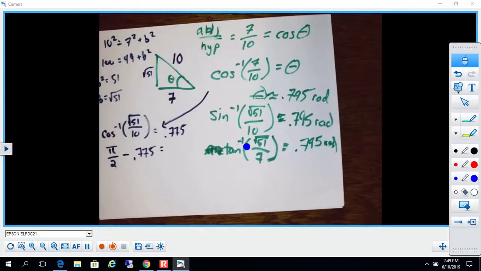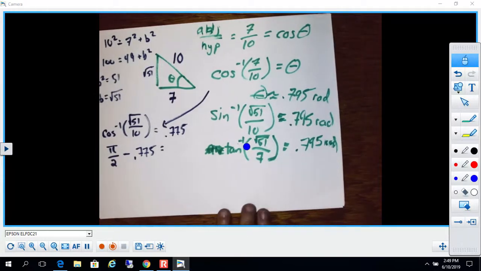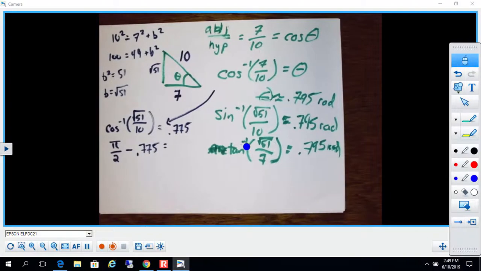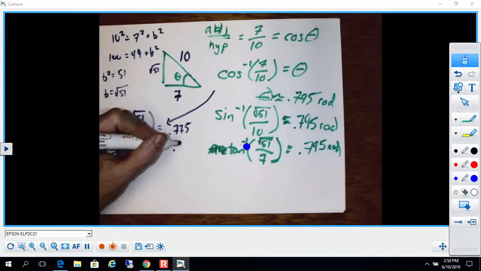Pi over 2 minus 0.775. Huh? 0.79. Wow. What the hell?